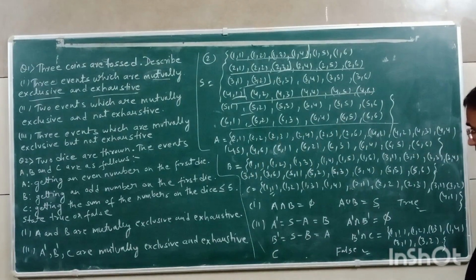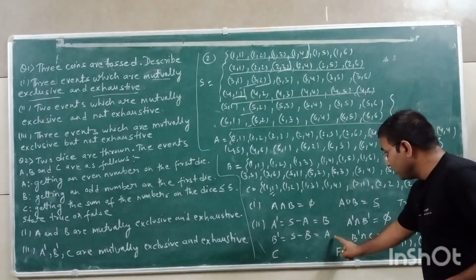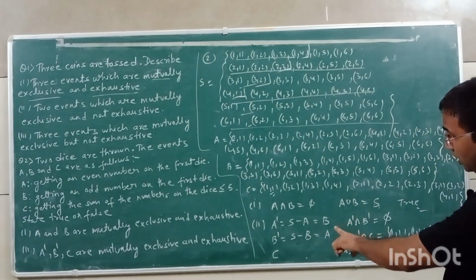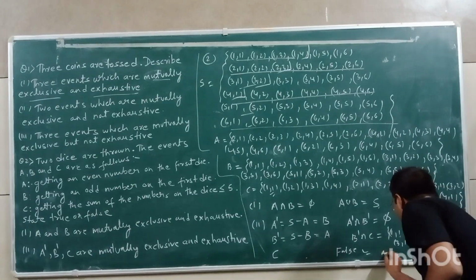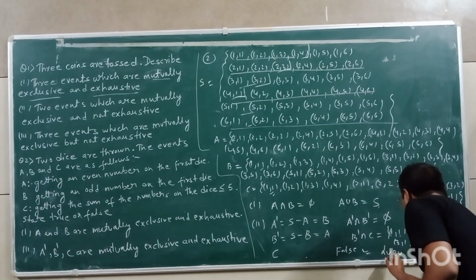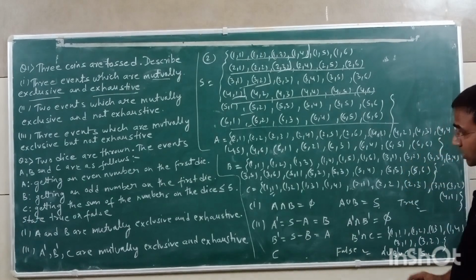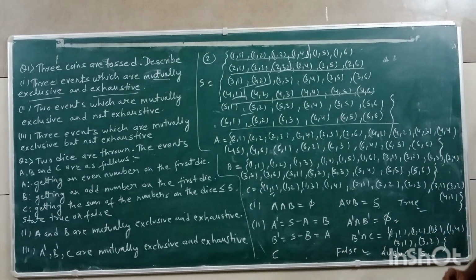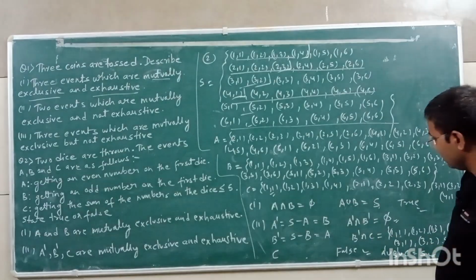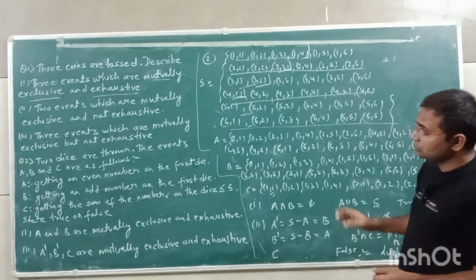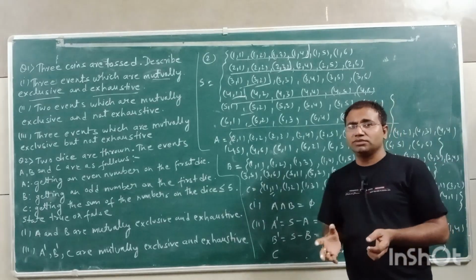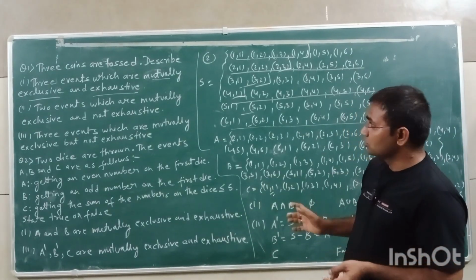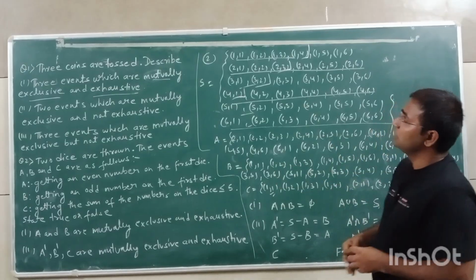If you check whether A complement, B complement and C are exhaustive, then A complement union B complement union C will be the sample space. It is exhaustive, but here not mutually exclusive. That's why this statement becomes false. Okay, so see here how you will do the question, how you will tell which events are mutually exclusive and which events are exhaustive.